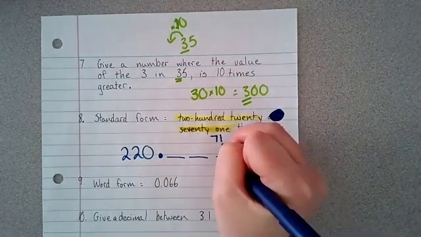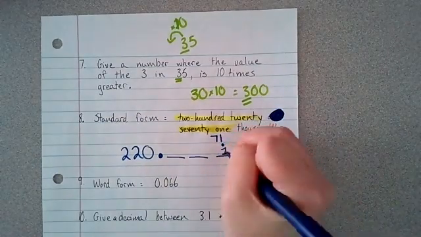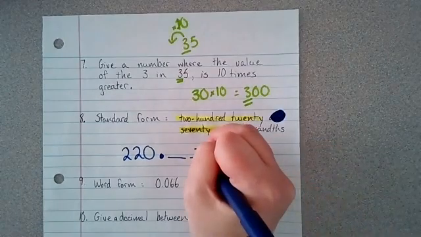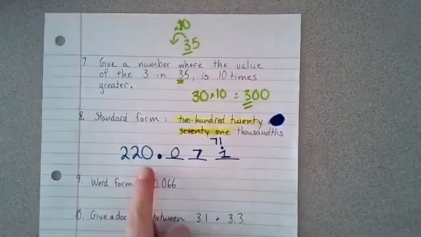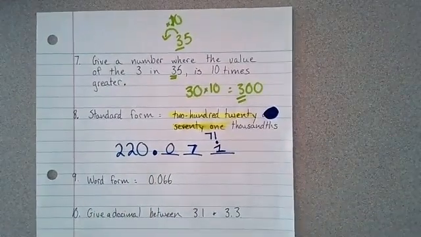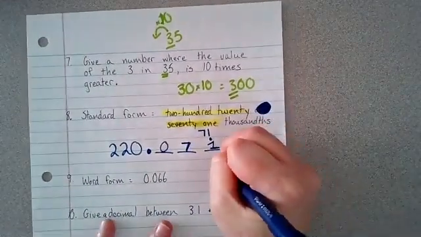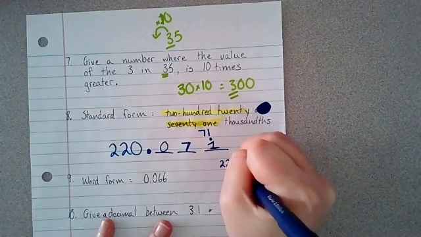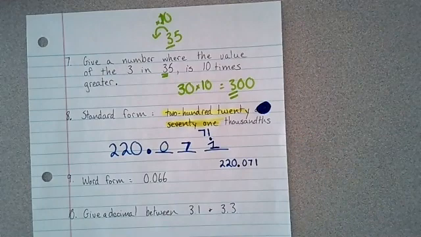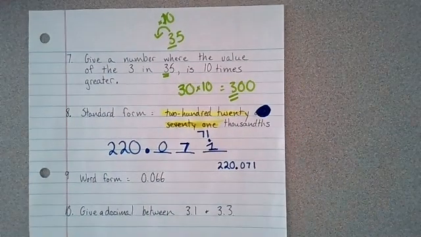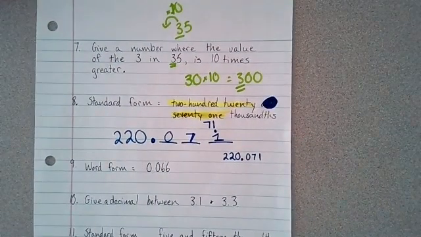I'm going to put the 1 in the thousandths place, the 7 in the hundredths place, and a 0 there. That is how you write 220 and 71 thousandths. So it looks like this. 220 and 71 thousandths. Hard, huh?